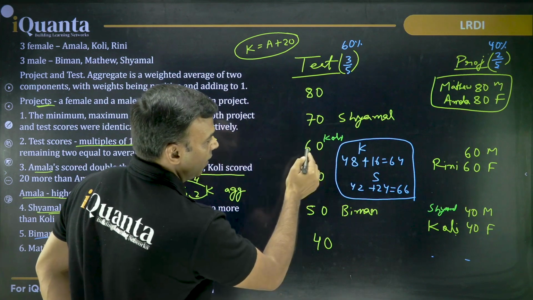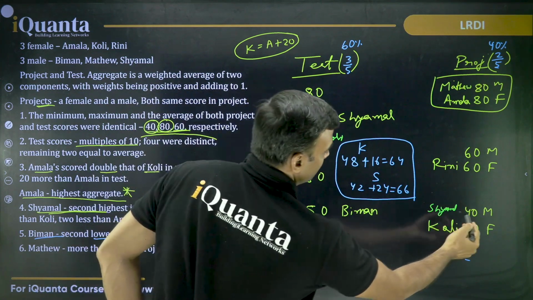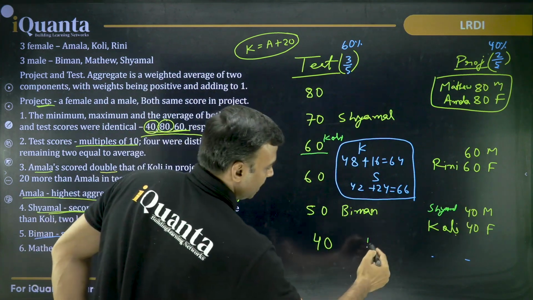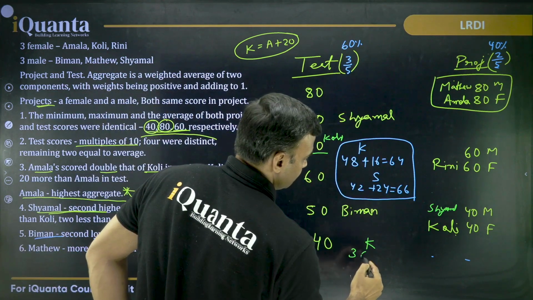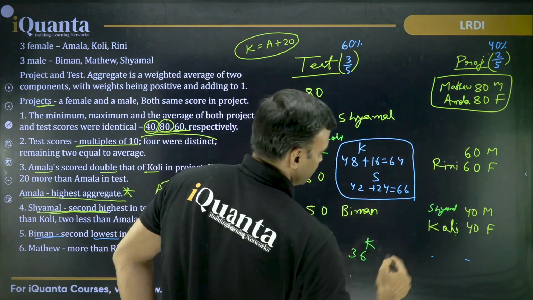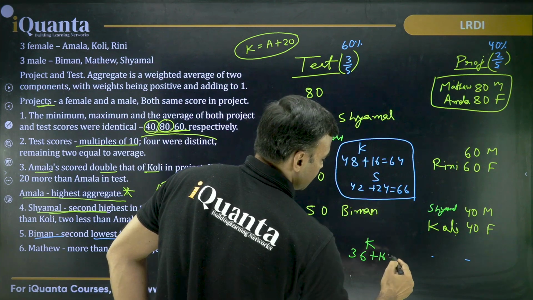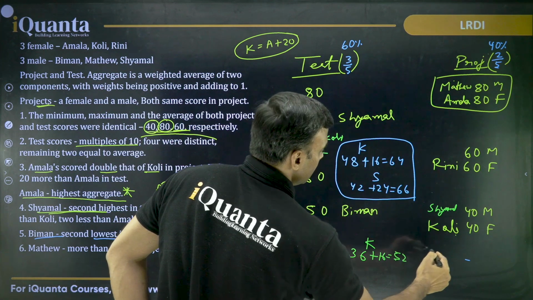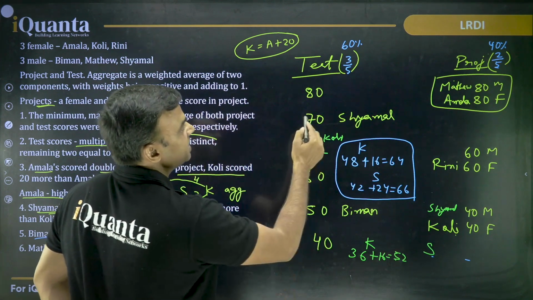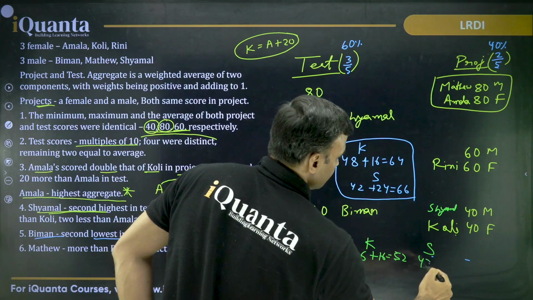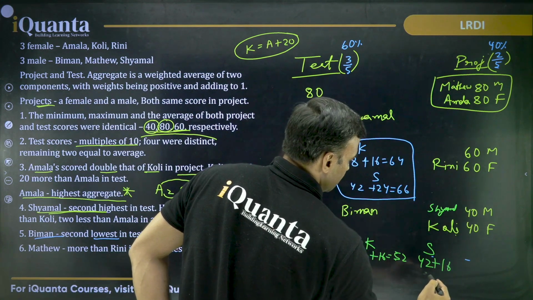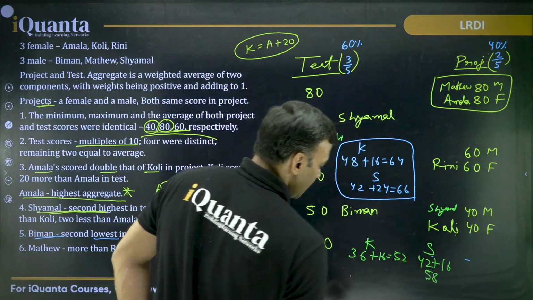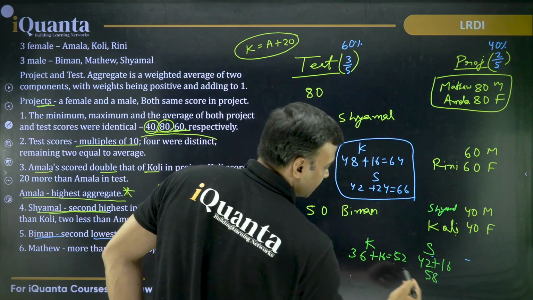Now, if I've taken Kohli as 60 and Shamal at 40 here, check the aggregate score of Kohli first. 60, 60%, 36. Okay. 40, 40%, 16. 36 plus 16, 52. What about Shamal? 70, 60%, 42. And 40, 40%, 16. 42 plus 16 is 58. Is the difference 2?